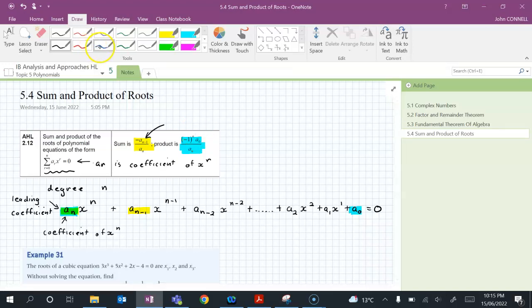So it'll be negative for odd degrees. Remember that n is the highest power of x, and that's our degree. And then it'll be positive for even degrees.